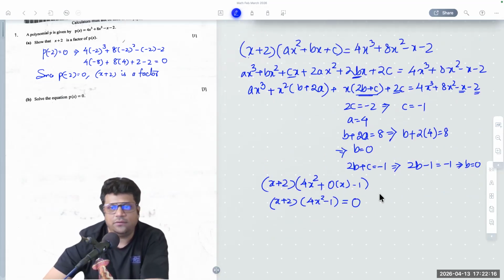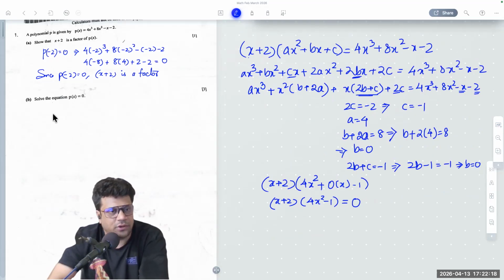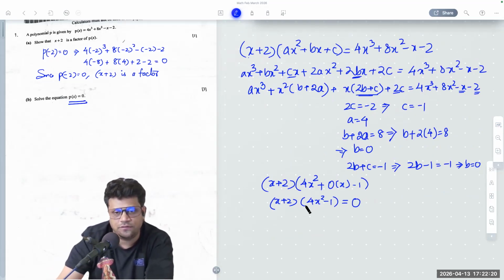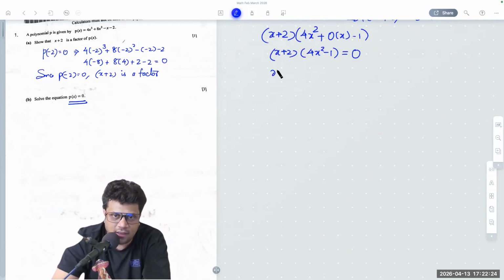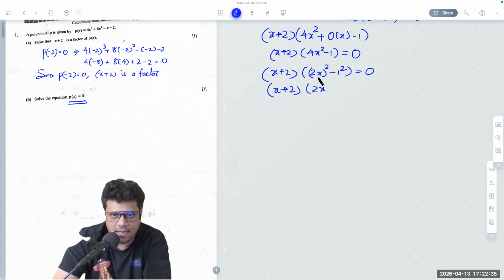You want to equate it to 0. That is what you wanted to solve. p(x) is 0 is what you wanted to solve. So there it is, p(x) in the factorized form. Well, good thing is I know that this is (2x) squared minus 1 squared. So you are looking at x plus 2 into a squared minus b squared, that's a minus b into a plus b, equals 0.